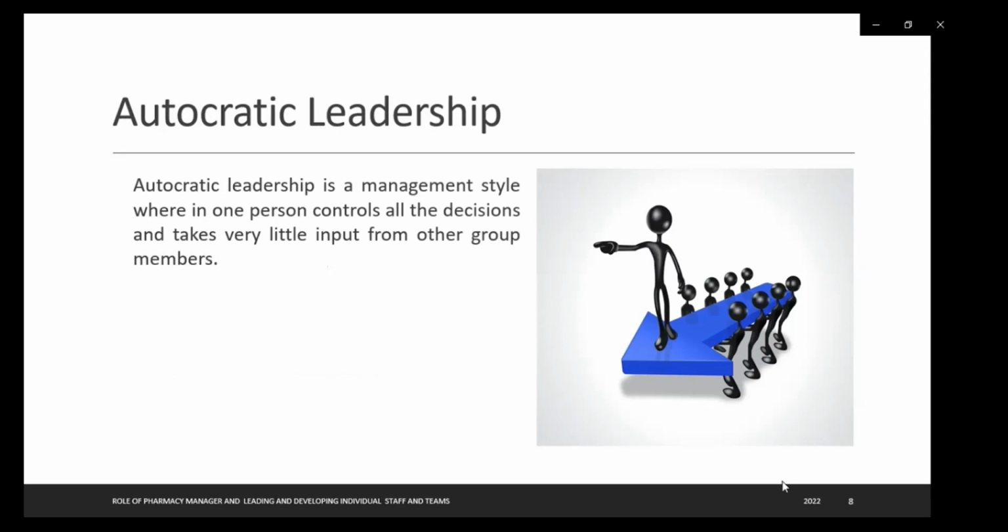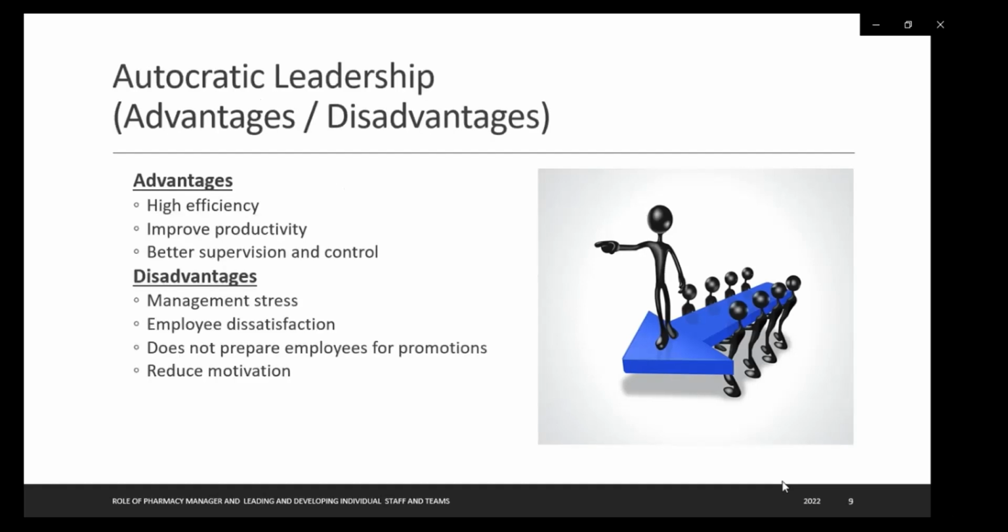Autocratic leadership. Autocratic leadership is a management style wherein one person controls all the decisions and takes very little input from other group members. Let's see the pros and cons of autocratic leadership. High efficiency, improved productivity, and better supervision and control are the advantages.